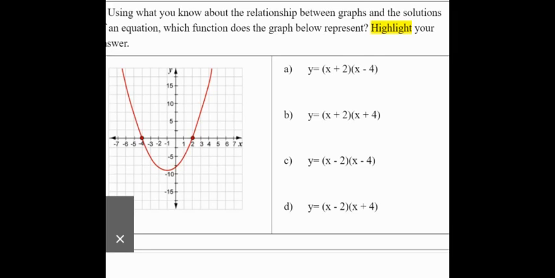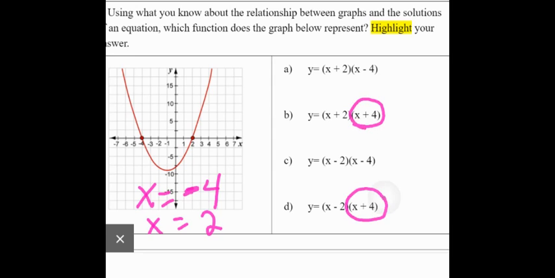All right, so again, we want x equals -4 and x equals 2. So remember, it's kind of the opposite sign. So instead of -4, I'm looking for something that says x plus 4. Well, where do we see it? Well, we see it here and we see it here.